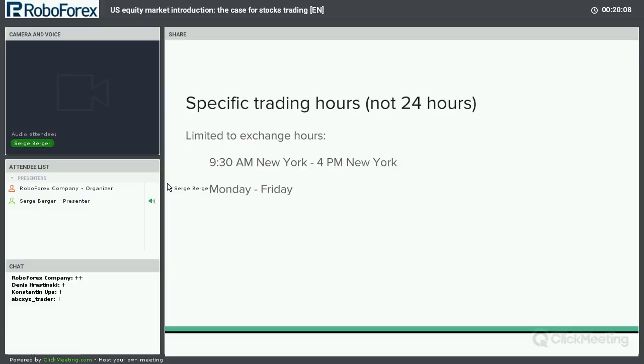So when we talk about the U.S. stock market, it has very specific hours, like all other stock exchanges, right? So this isn't just a U.S. phenomenon. All stock exchanges are open for specific hours. The U.S. stock market is open from 9:30 in the morning, New York time, to 4 in the afternoon, New York time. Now that's about 3:30 in the afternoon to about 10 p.m. Central European time in Europe.